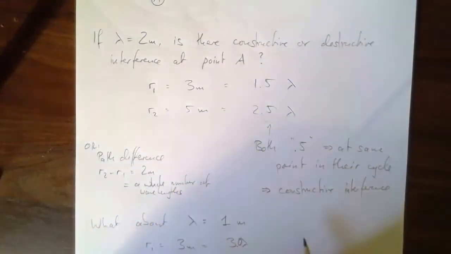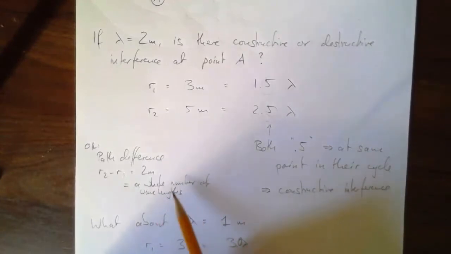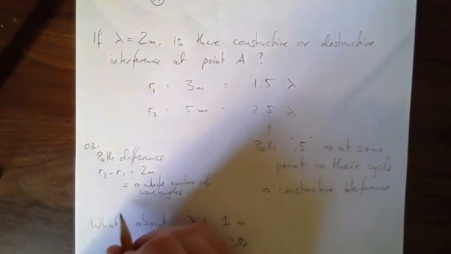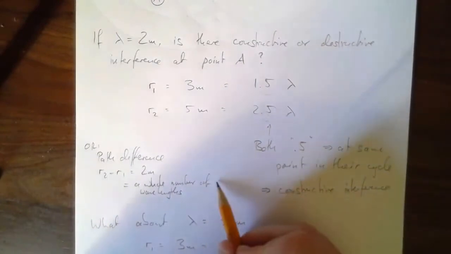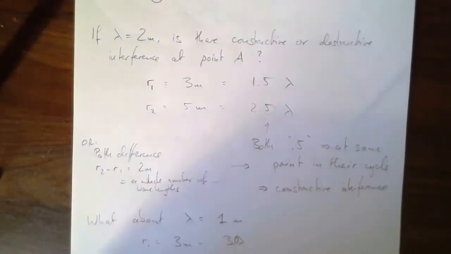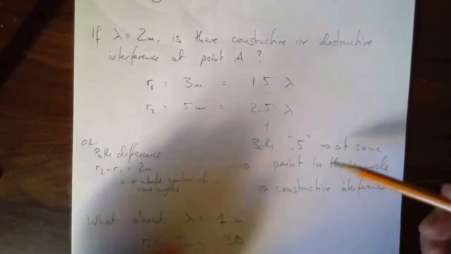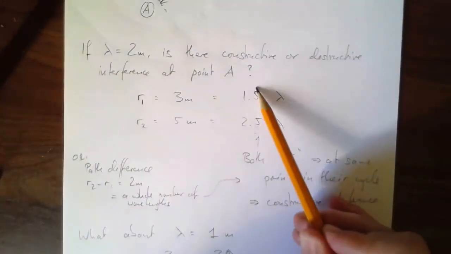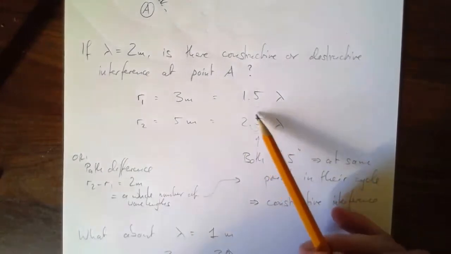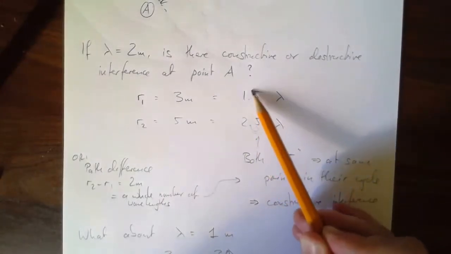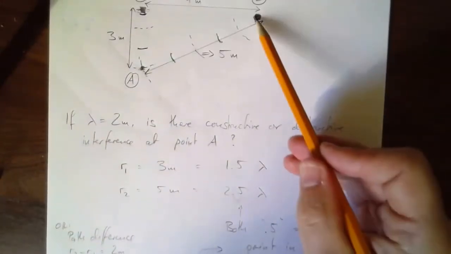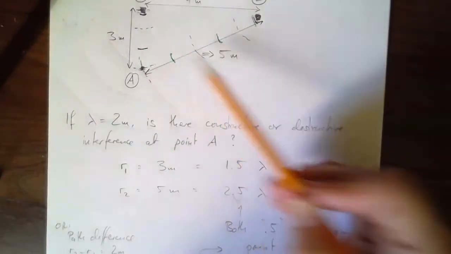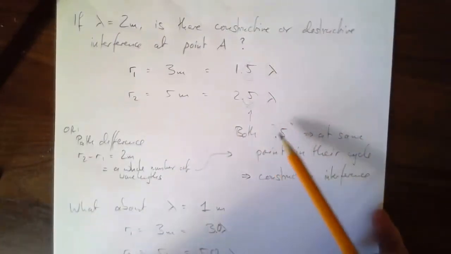Whole number of wavelengths, so that implies they must be in the same part of their cycle. So again this leads to the same conclusion. Two ways to come to the same conclusion, the same point in their cycle. One is, they're both at a halfway point, meaning a trough.